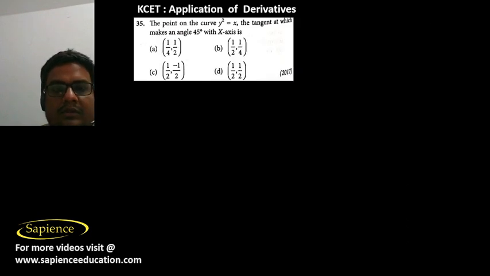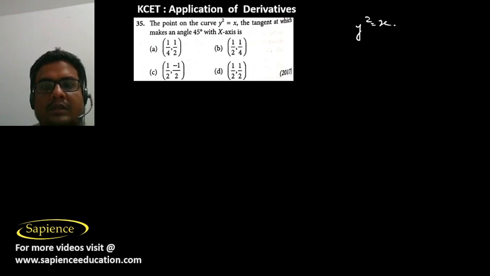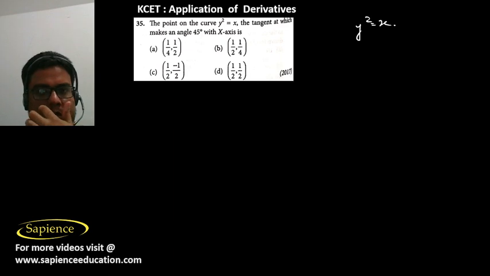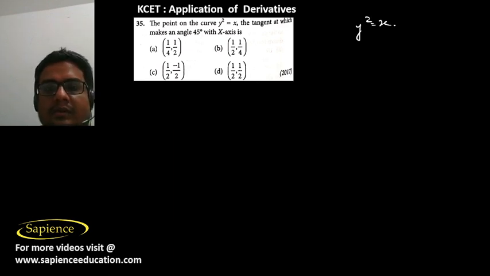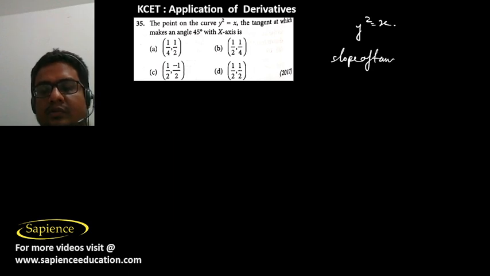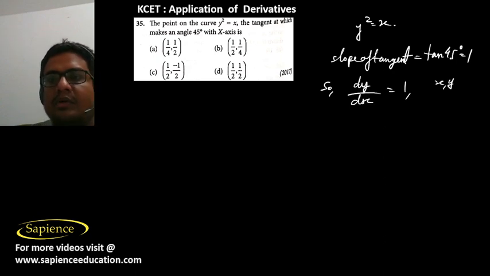Then in question number 35, it is told the point on the curve y square equal to x, the tangent at which makes an angle 45 degree with the x-axis. Slope of that tangent which makes an angle 45 degree, tan 45, that should be equal to 1. Now that dy by dx is that at the point x comma y.